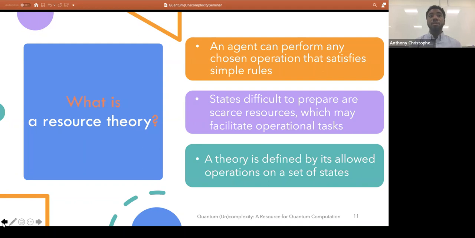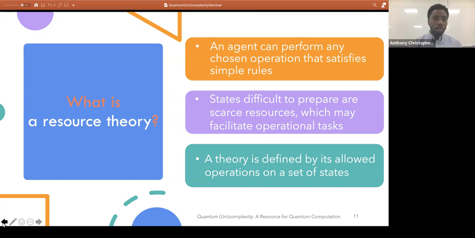Basically, free states would just be states that would not give you any more of the resource whenever you apply the allowed operations. But I don't believe that you can go the other way around where you start off with the free states. I think even having a free state implicitly appeals to what operations you would be allowed to apply. Does that answer your question?